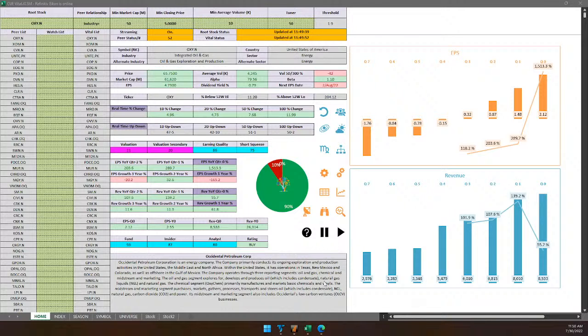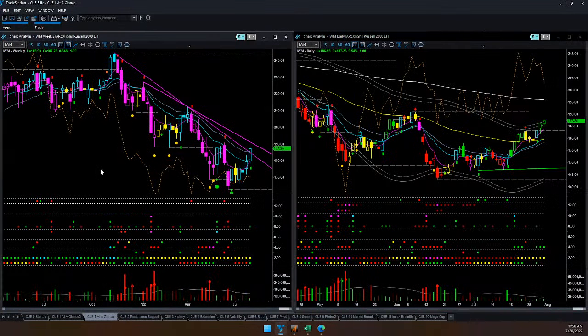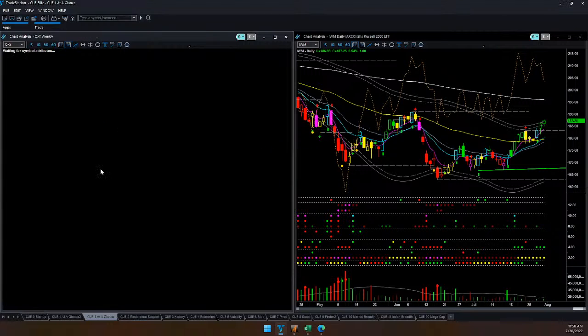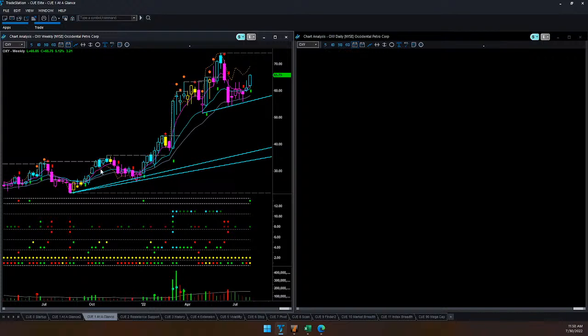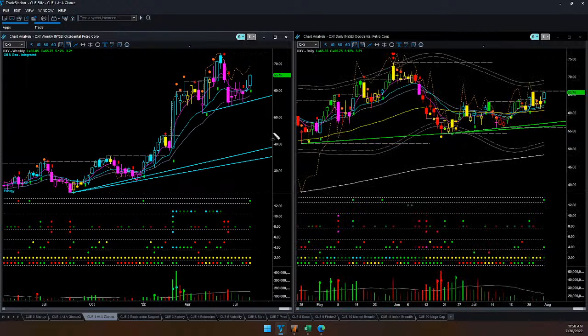And now let's look at its chart. Weekly backdrop bullish, daily has swing low, higher high, and a bullish flow.